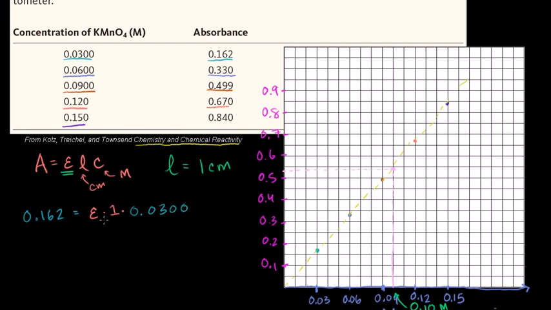0.0300. So if we want to solve for this epsilon, we can just divide both sides of this equation by 0.0300. And what do we get? These cancel out. This is just a 1. And so you get epsilon is equal to, let's figure out what this number in blue is here.